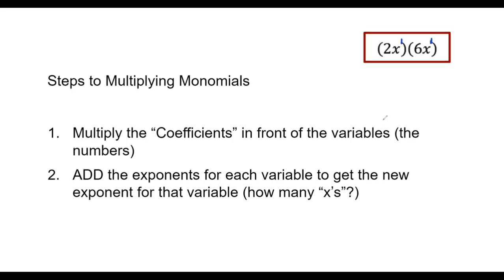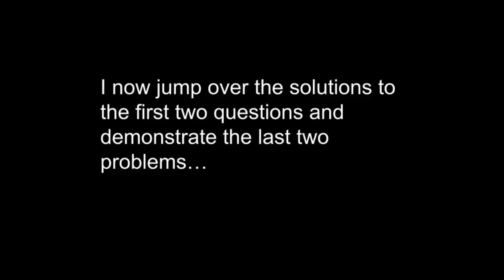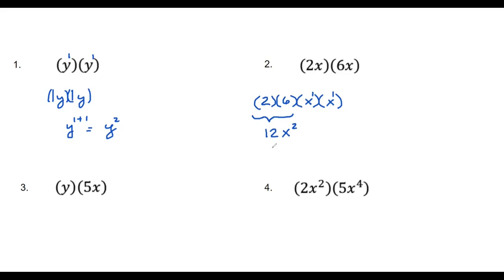That will be very helpful for working through these problems and getting them correct. Remembering when the variable does not have an exponent, it really has an exponent of 1. Hopefully that makes sense. Let's move on to question 3.